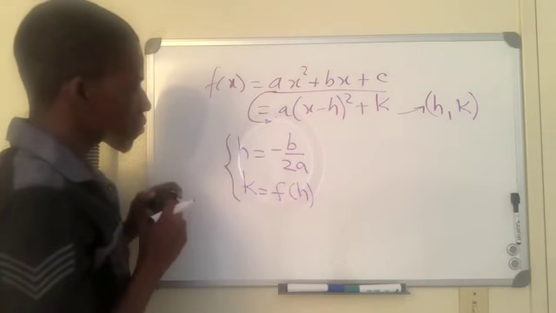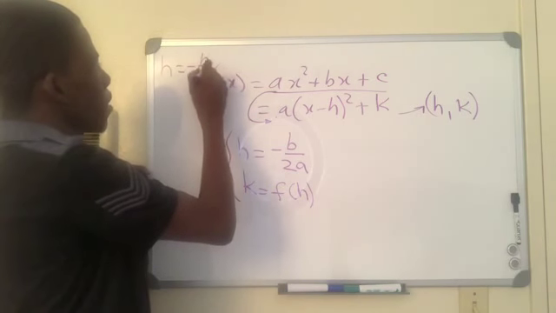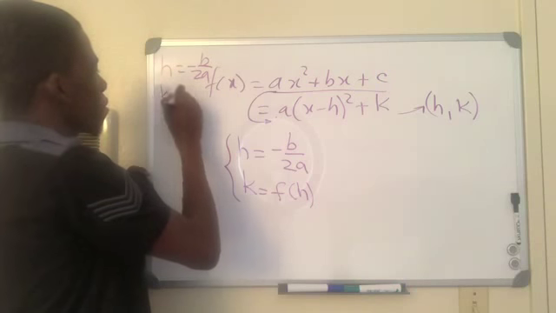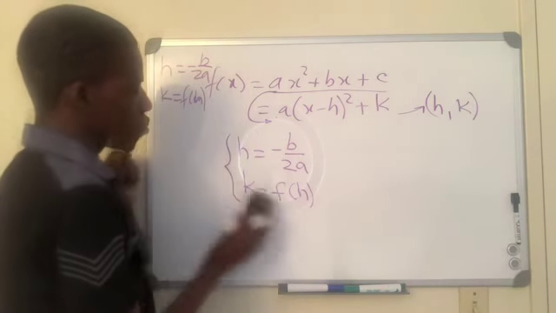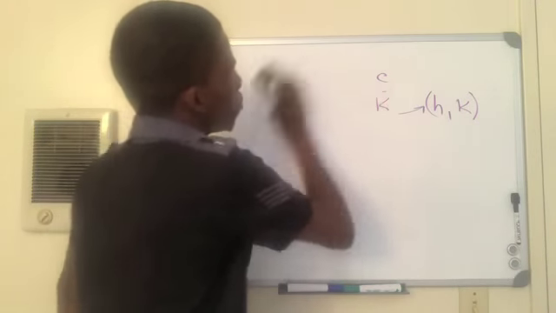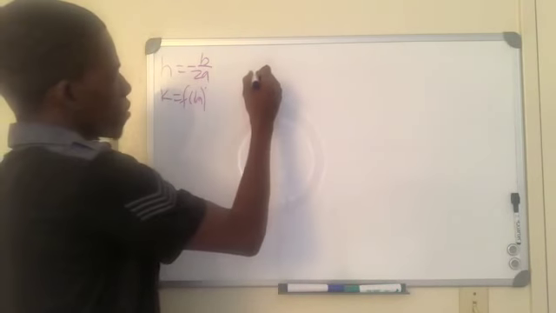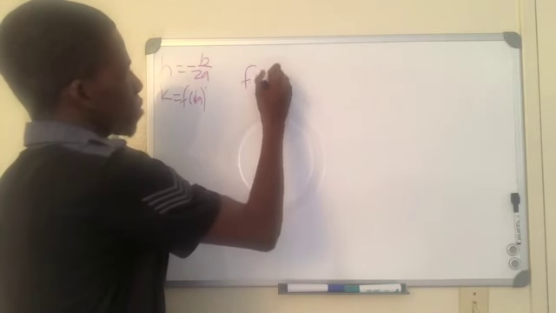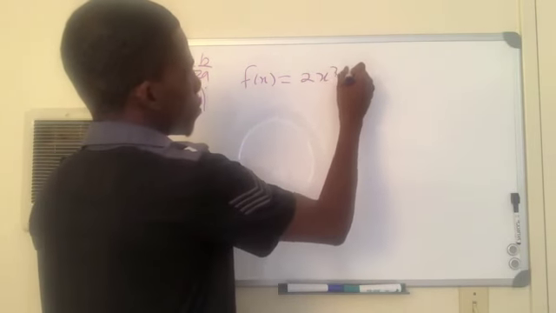Okay, so we have the formula, h equals -b over 2a, and k is a function of h. So with these two, we can try to graph a function.